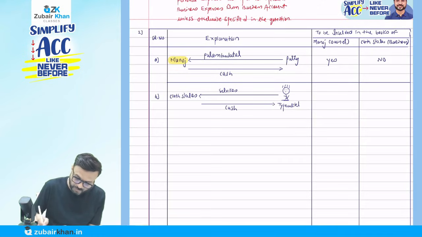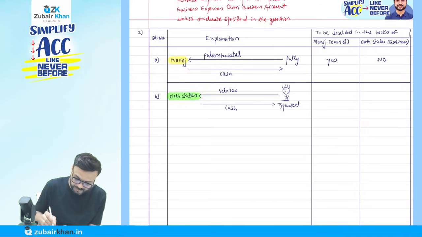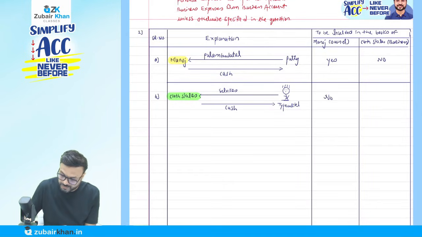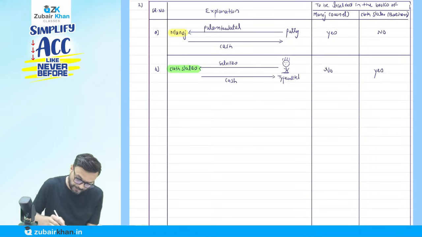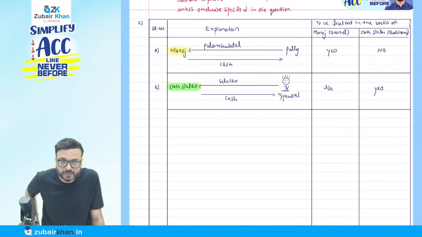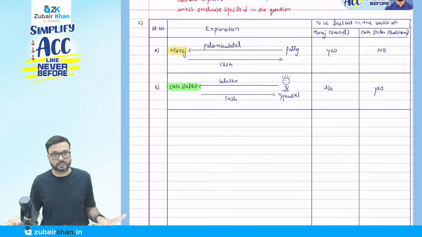The answer is no. For official use, it is the cloth store. So in the books of Manoj, no, and here you will say yes. This is how we decide: whoever is involved, only in their books will it be recorded.